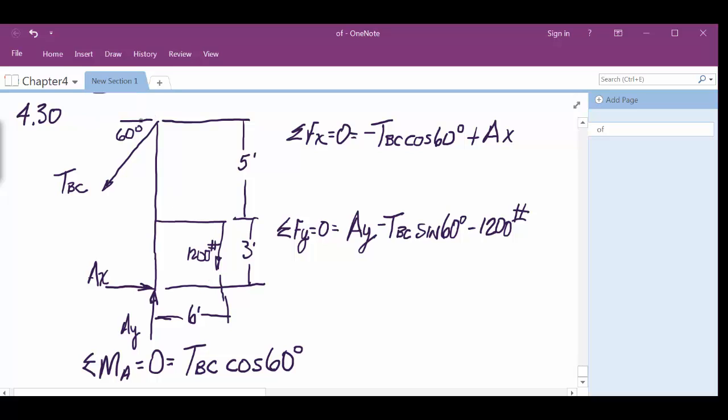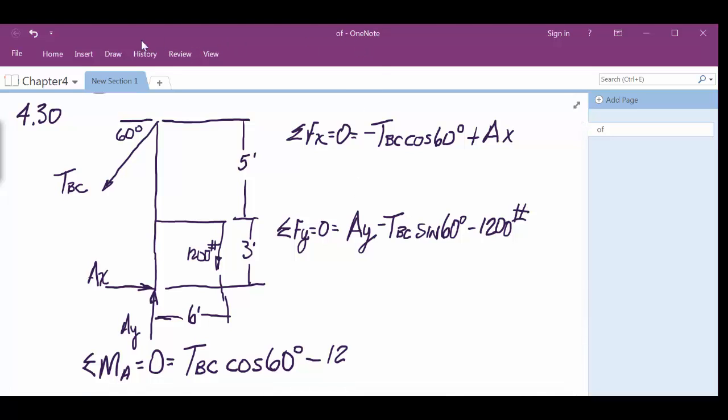That's the X component, and that's making that thing go counterclockwise, which is positive, right? The Y component goes right through the point, so it gets dropped out because it doesn't spin. It doesn't have a distance, does it? AX and AY go away, so the only other thing is the 1,200 pounds. It's making it go clockwise, which is negative.